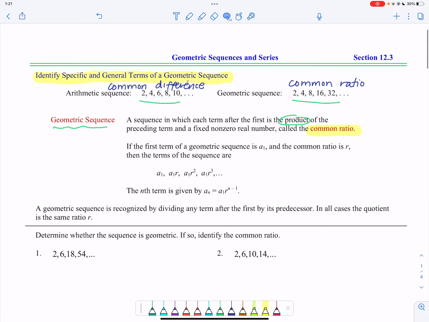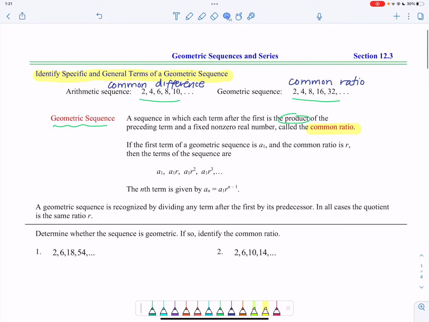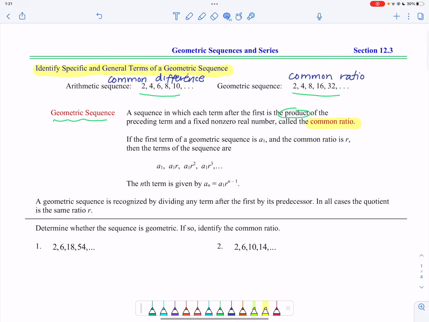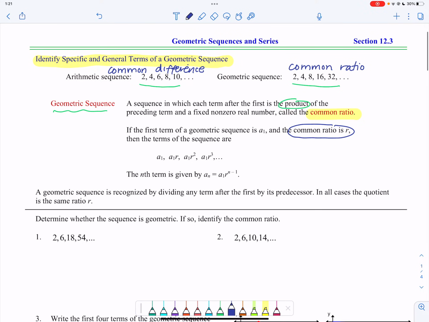Okay, so how do we find this common ratio R? R is the common ratio. How we find the common ratio R is we take a look at the first term and the second term and the third term.